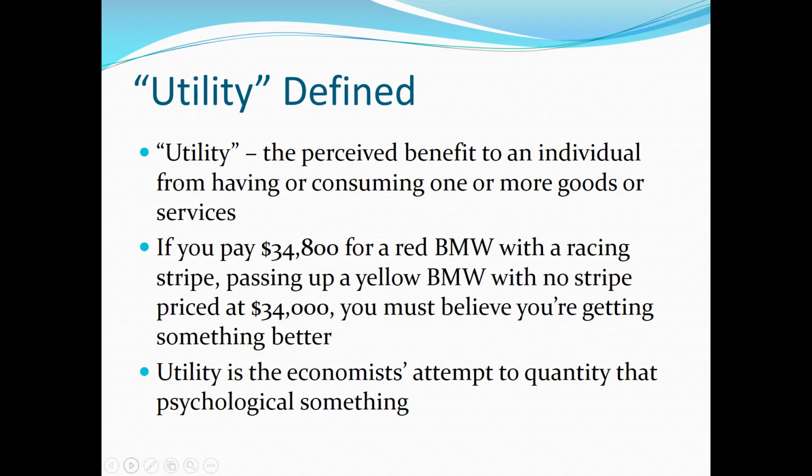Now, if the price is set and somebody buys that red one with the racing stripe, they're basically measuring the utility of that red color and the racing stripe to be $800. Because whoever is paying that extra $800 must believe that they're getting something extra. That's the point there.